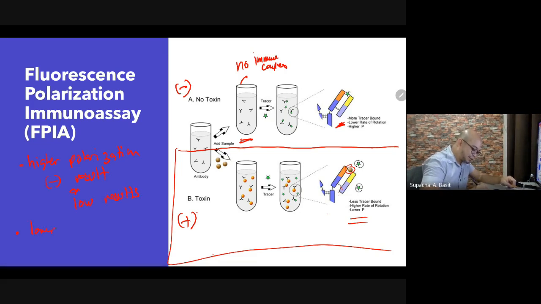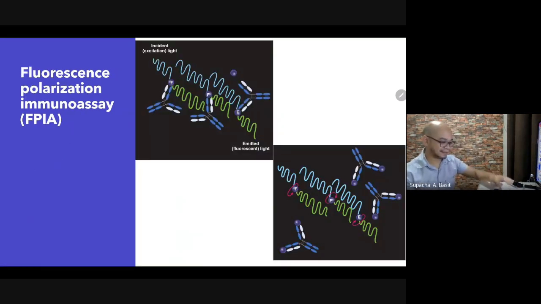Lower polarization is a positive result, or with high concentration. So that is FPIA. So the rotation of the light is inversely proportional to the polarization.